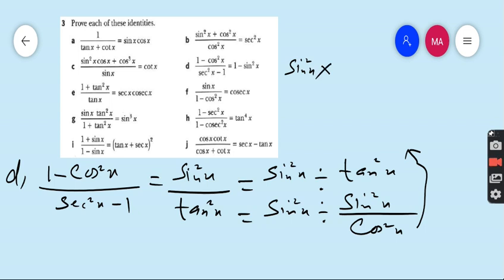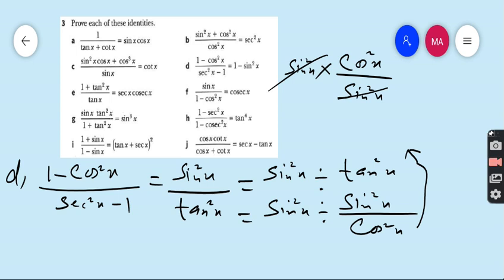If we convert division sign into multiplication sign, we will take the reciprocal. So this sin square x upon cos square x can be converted to cos square x upon sin square x. Sin square x cancels by sin square x.